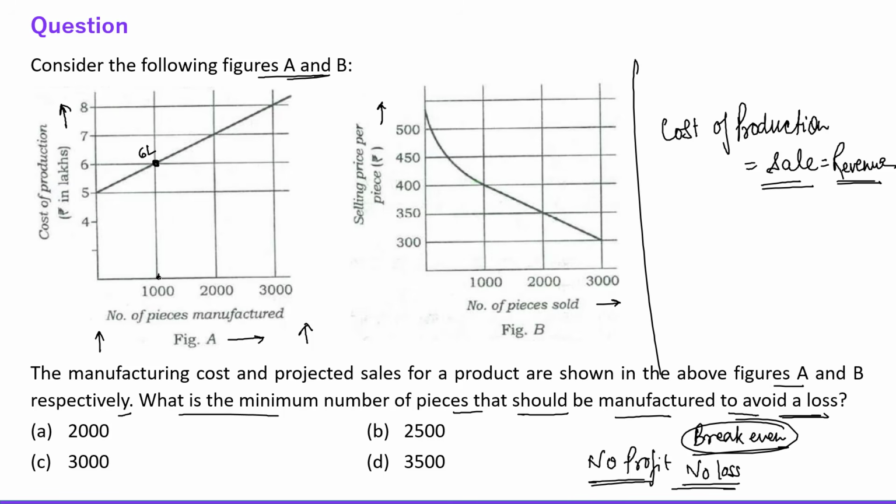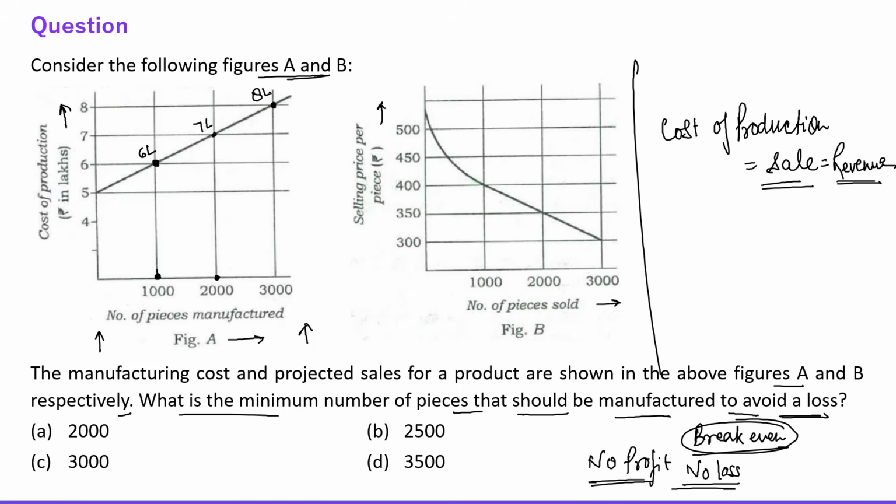When we are manufacturing 2000 articles, the expenditure is around 7 lakhs. And when we are manufacturing 3000 articles, the expenditure is around 8 lakhs. Figure A is giving this data.